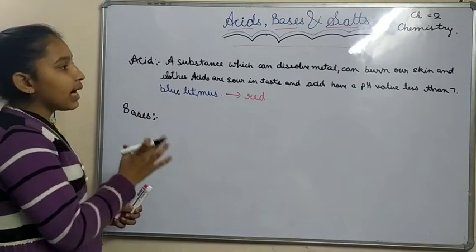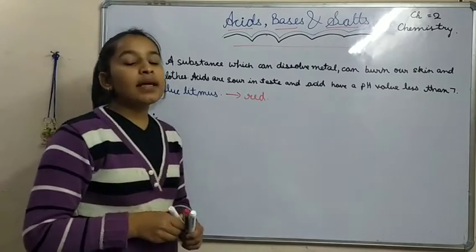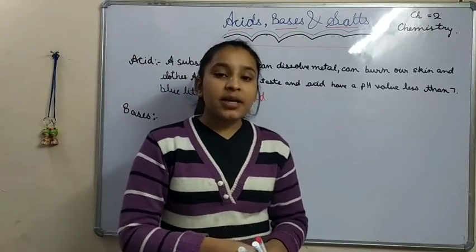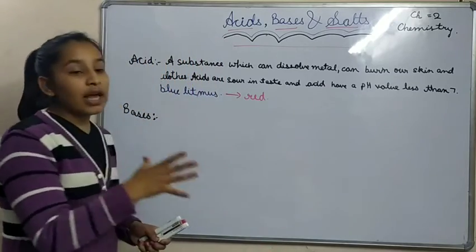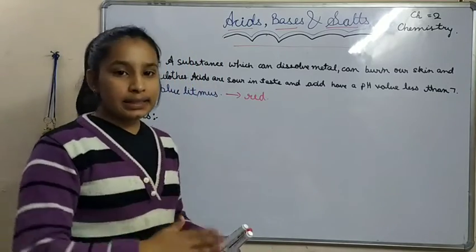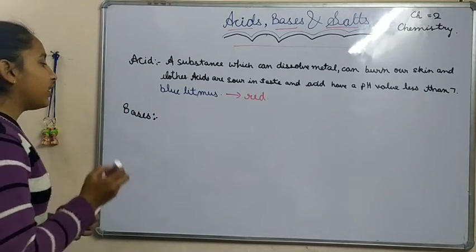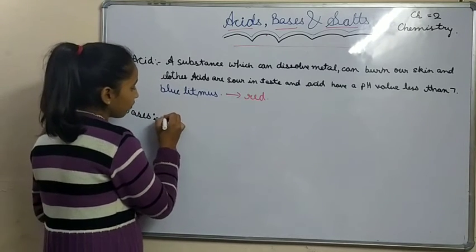Now acids are sour in taste, bases are bitter in taste, bases are soapy in touch, and bases have a pH value more than 7 and less than 14. We can write a definition of bases.